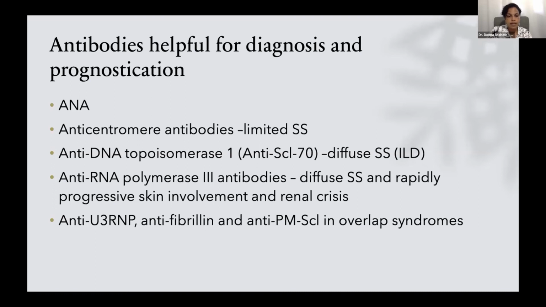The anti-RNA polymerase 3 antibodies are positive in diffuse systemic sclerosis, and these patients may have rapidly progressive skin involvement and renal crisis. Other antibodies can also be done to check for overlap syndromes.